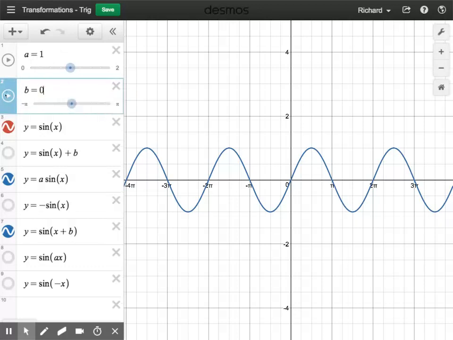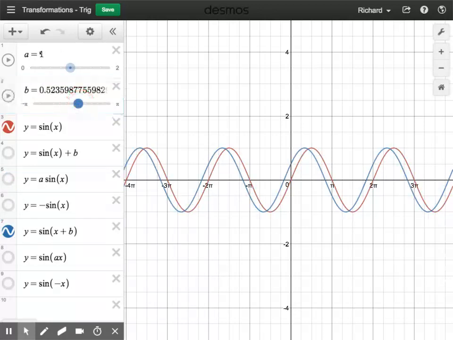So that's a blue color. There's the standard graph, and there's x plus b. If I go up to pi on 6, the blue is going over to the left there by exactly pi on 6.